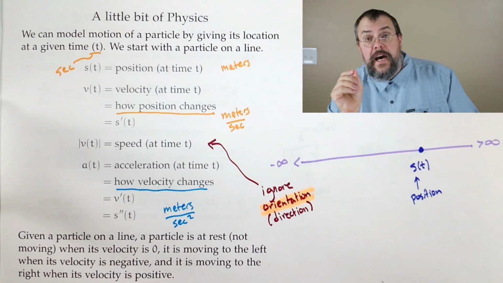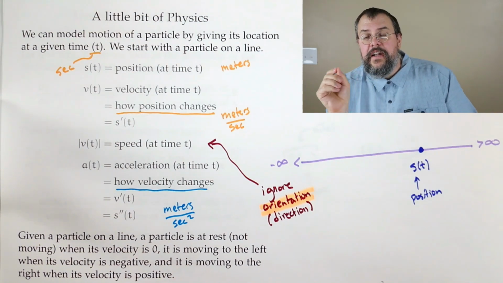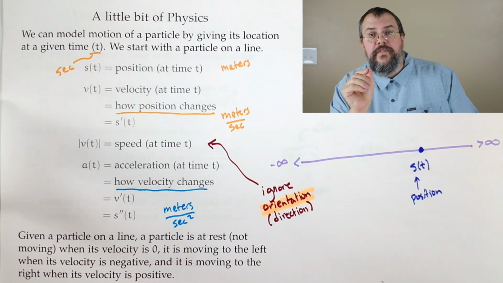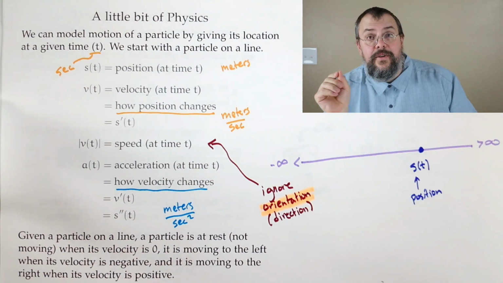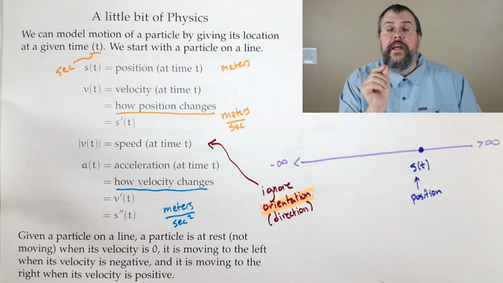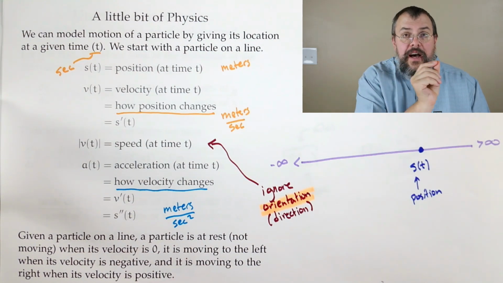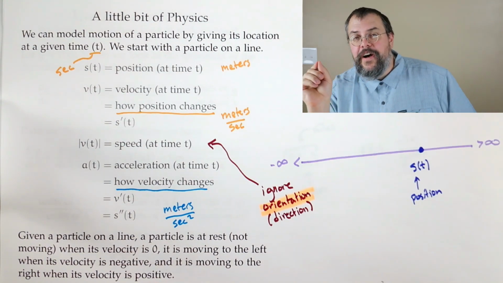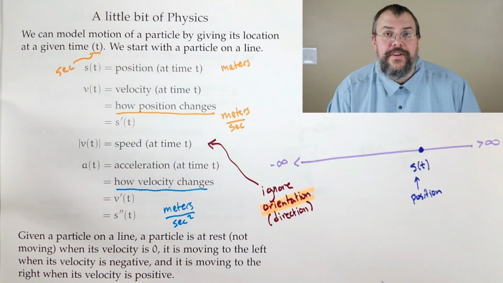If I'm moving to the left, that says that as time is increasing, position is decreasing, so there's sort of an anti-correlation or a negative correlation. So we can now say positive velocity moves to the right, and negative velocity moves to the left.